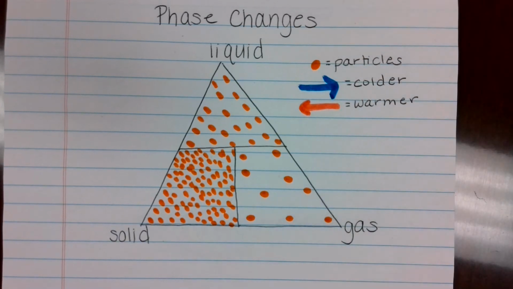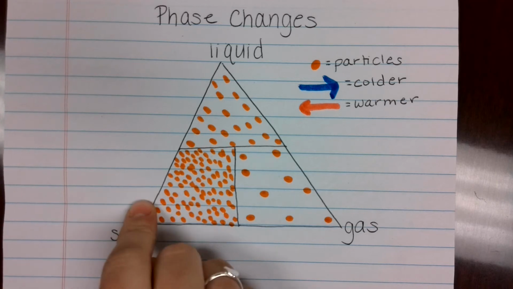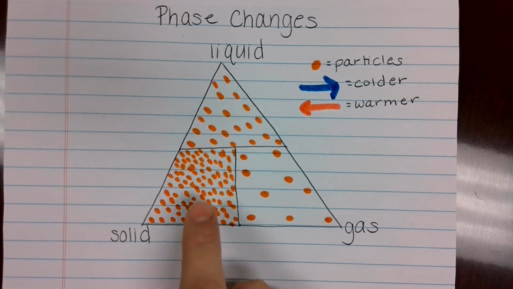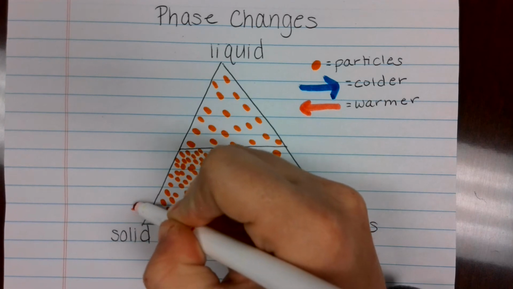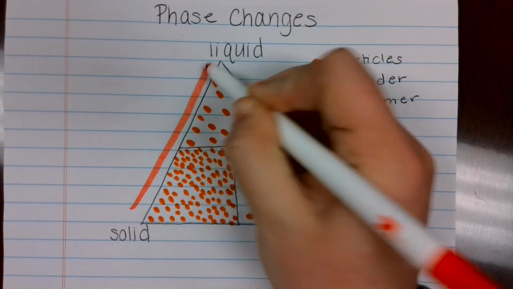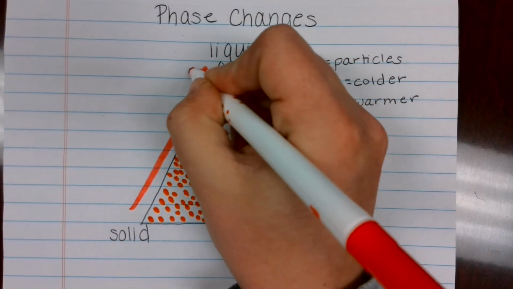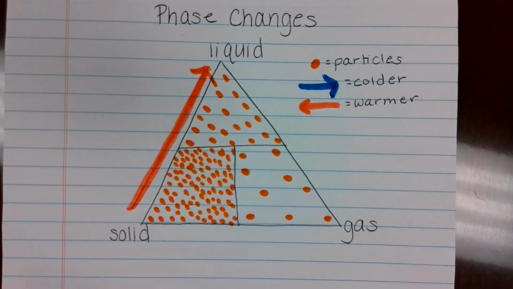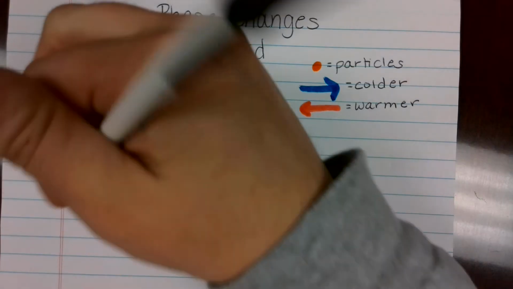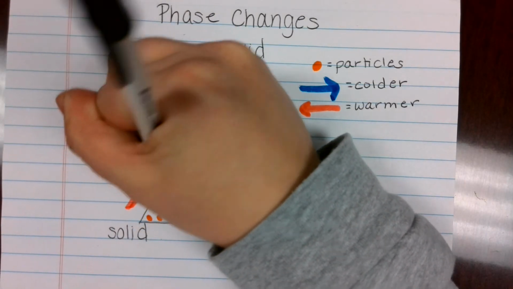So we know that when we're moving from a solid to a liquid, our particles are becoming more spread out. So if we think of an example such as ice melting, we know that going from a solid to a liquid requires us to get warmer. And that, my friends, we know as melting.